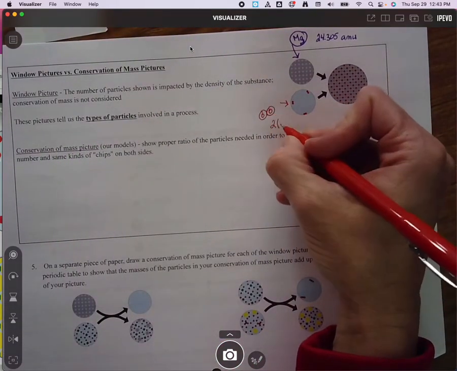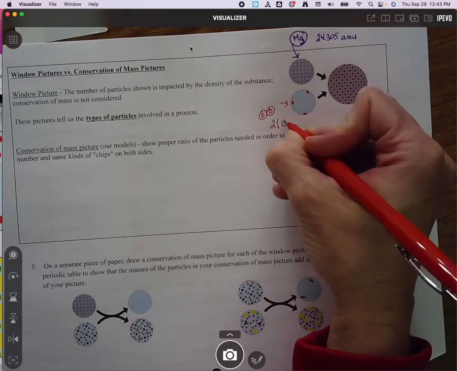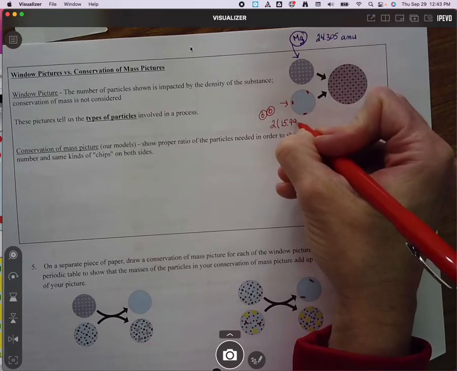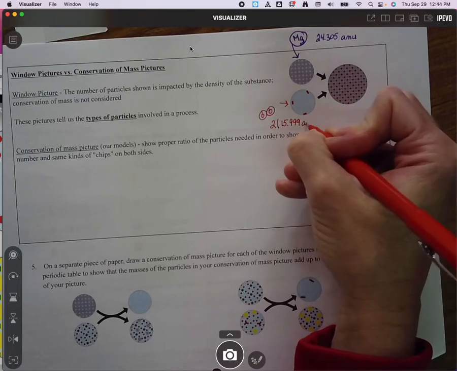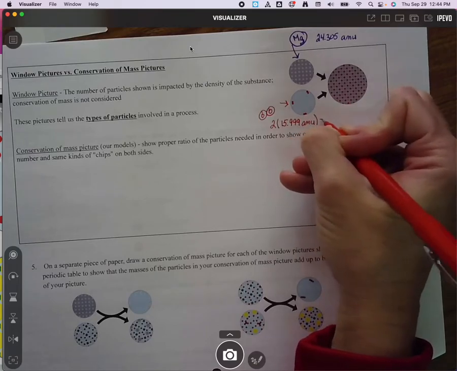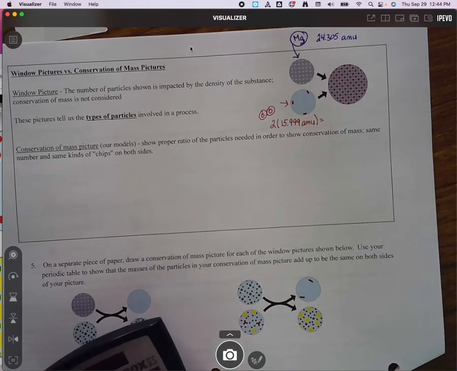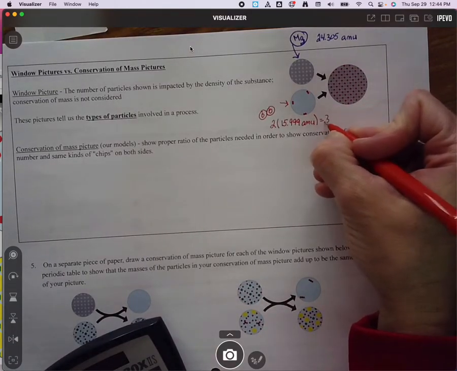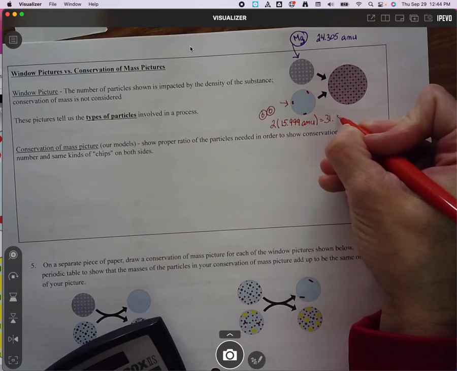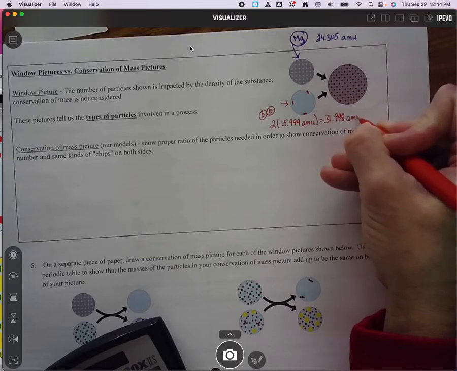So this particle weighs 2 times 15.999 AMU. Or, if we get out our handy dandy calculator, those particles weigh 31.998 AMU.